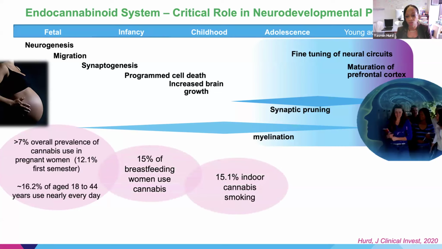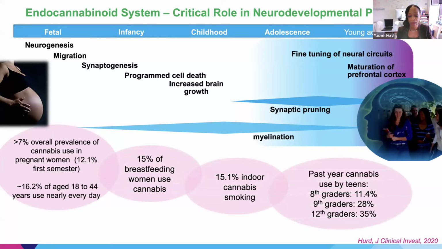In certain states where cannabis was legalized, there's more cannabis smoking indoors, an increase in the secondhand smoke that children consume, but also for teenagers. Again, more and more teenagers are consuming during a time period when the brain is still maturing. So I'm going to show a couple of results regarding cannabis exposure at different developmental windows.